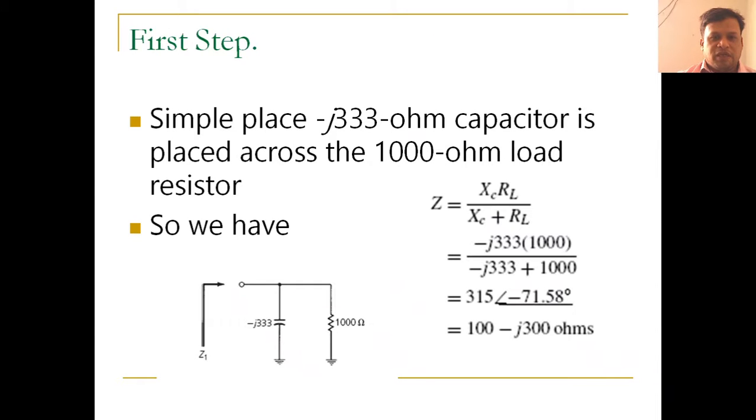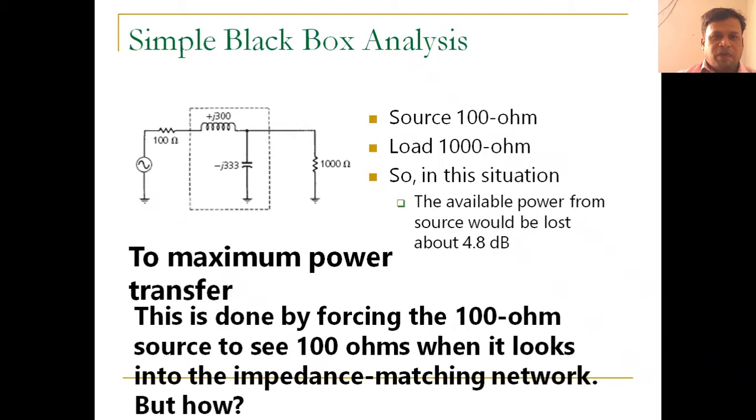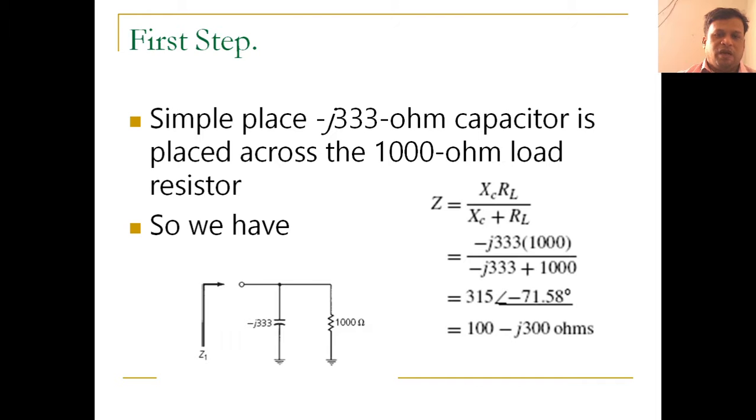Seeing the circuit that was given to us, the black box analysis: source 100 ohm, J300, minus J333 and 1000 ohms. What we kept in this dotted line box, we changed by series and parallel combination, then converted between rectangular and polar form, and got the value 100 minus J300 ohms.